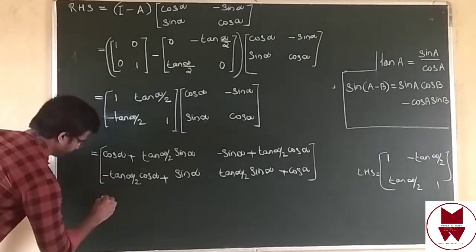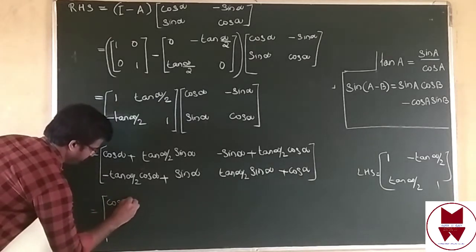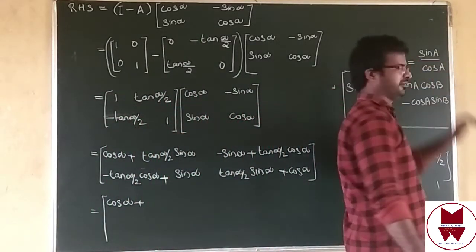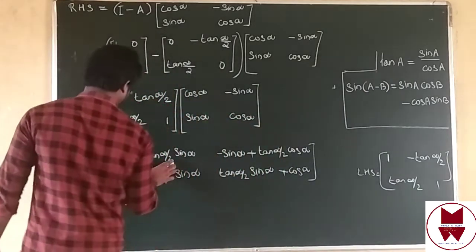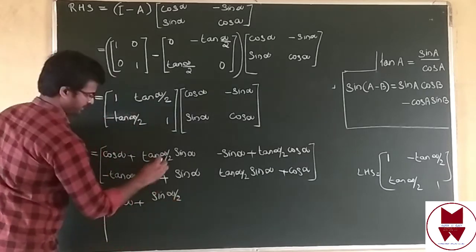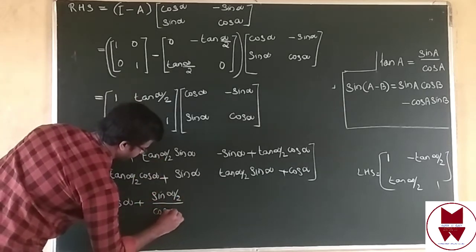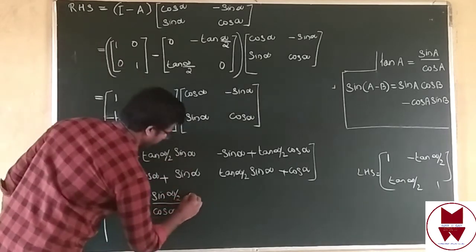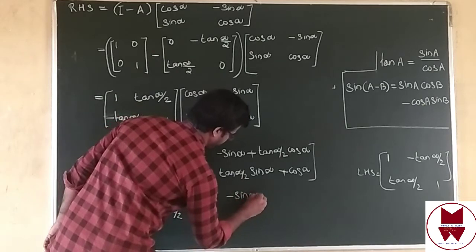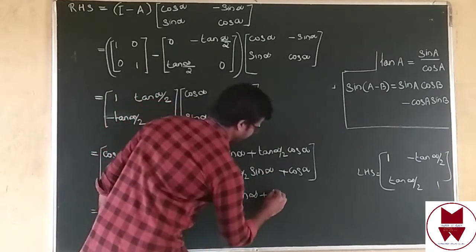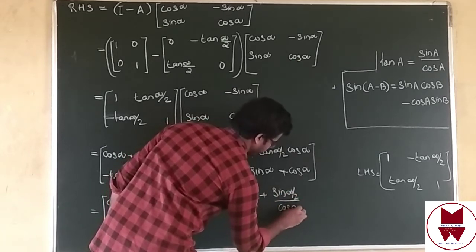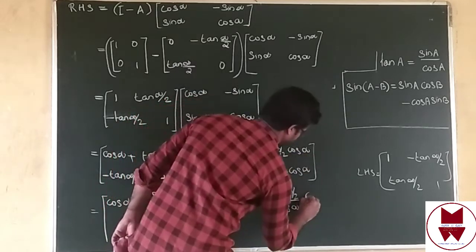Equal to cos alpha plus, now we will use the first formula, that is tan A means sin A by cos A, isn't it? This tan we can change to sin by cos: sin alpha by 2 divided by cos alpha by 2, then remaining sin alpha. Here also minus sin alpha plus tan alpha by 2, we can write sin alpha by 2 over cos alpha by 2, then cos alpha.